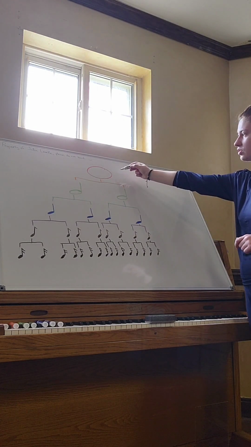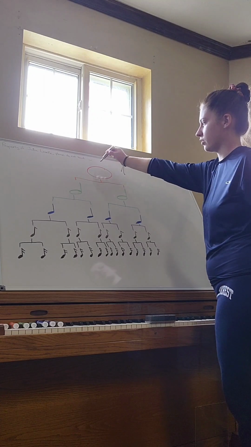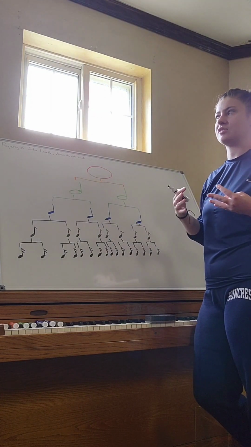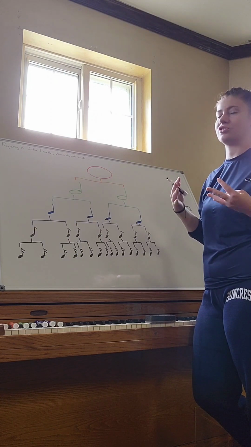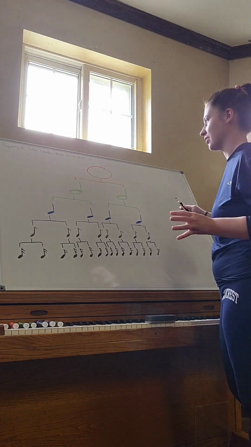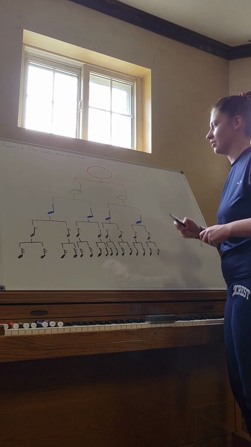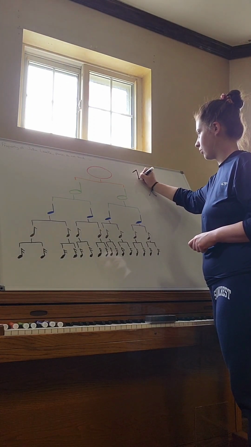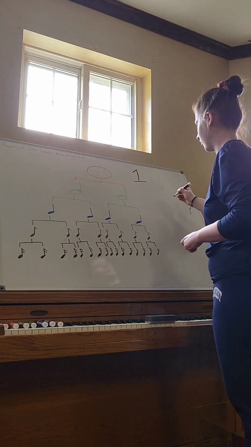The whole note, it just looks like a circle. That's how you know that that is the note with the longest duration, in any meter. So we're going to put a big ol' 1 right there.